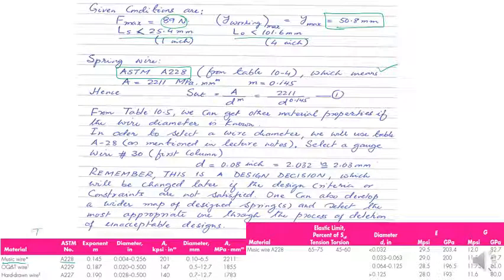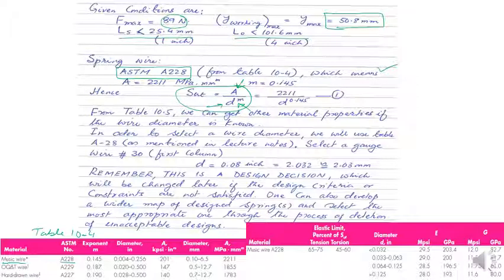This one is table 10.4. And what we need from this table, this is the formula that we know to calculate the ultimate tensile strength. I need A and I need M and I need D, three parameters.